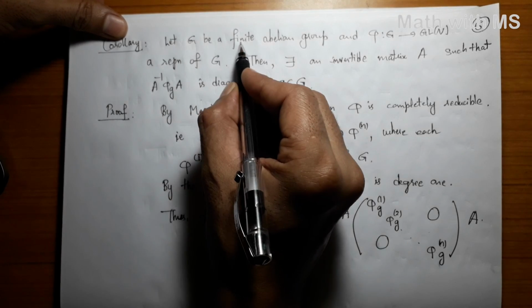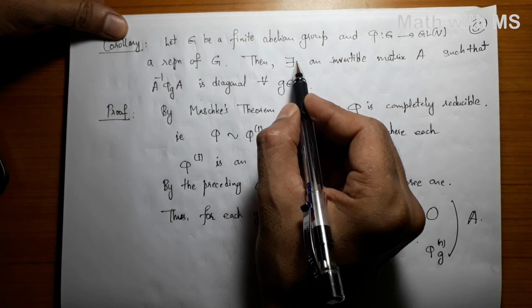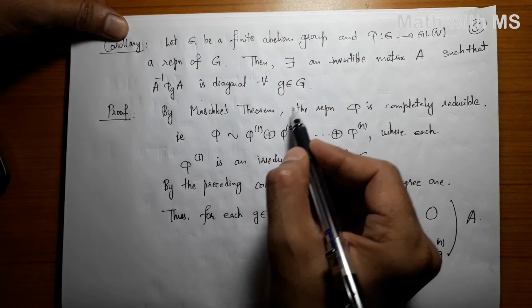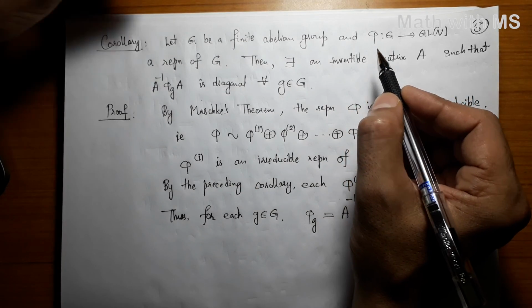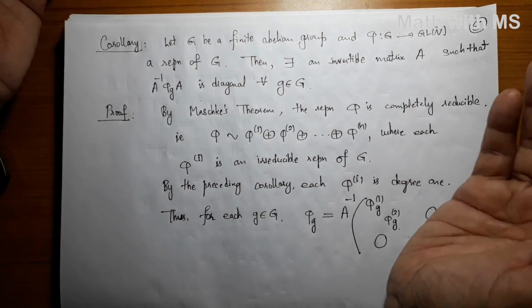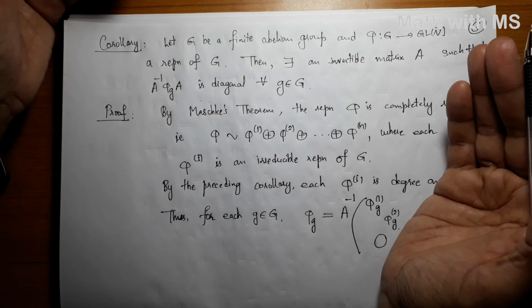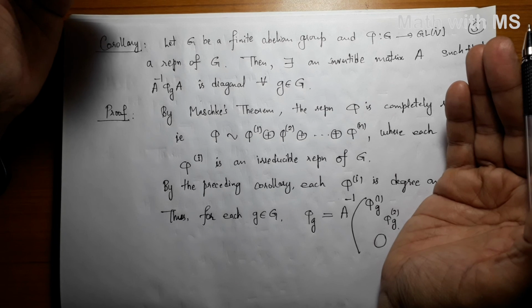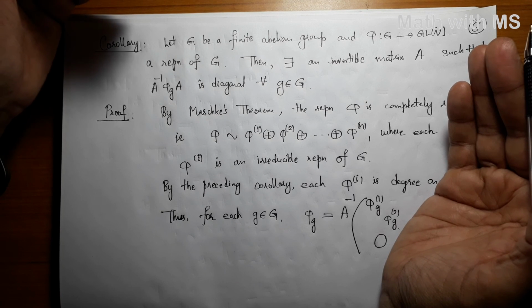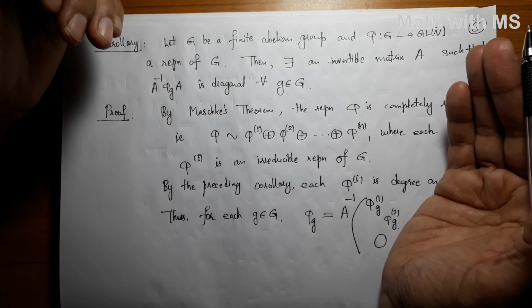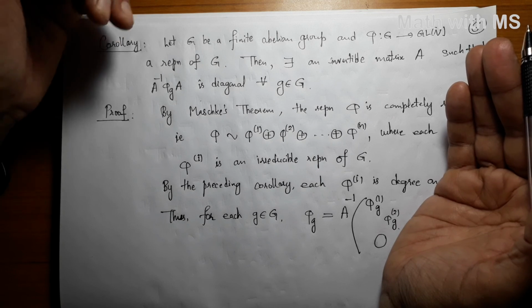Since the group is given to be finite, by Maschke's theorem, every representation of a finite group is completely reducible. Remember that finiteness was used there crucially. In fact, I spent some time discussing that issue and gave a counterexample where this fails.